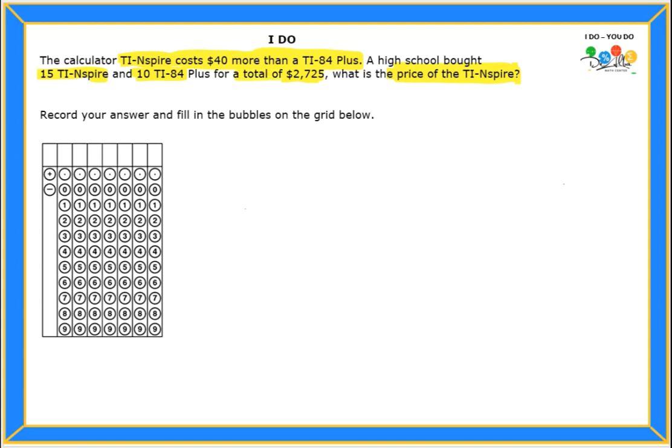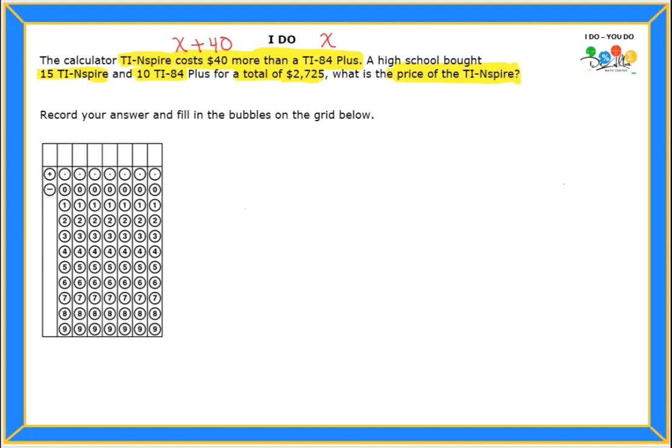$2,725. So the first thing I want to do is identify who's going to be my X for this one. Since the Inspire is more expensive than the 84, my 84 is going to be my X. So when I write the comparison, the TI Inspire is going to be X plus 40, because it's more expensive than the 84.